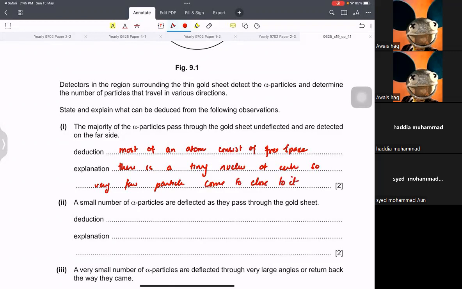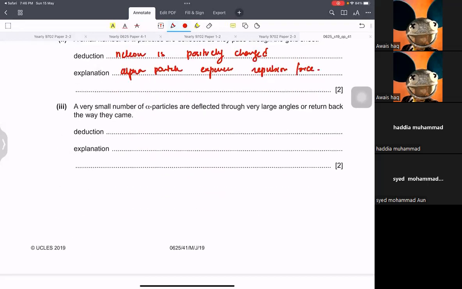Now it says a small number of alpha particles are deflected as they pass through the gold sheet. So we can write: the nucleus is positively charged, so alpha particles experience a repulsion force. Then a very small number of alpha particles are deflected through large angles or return back.